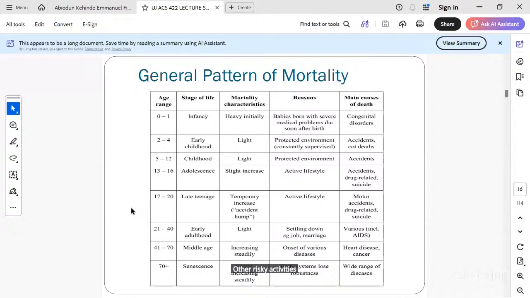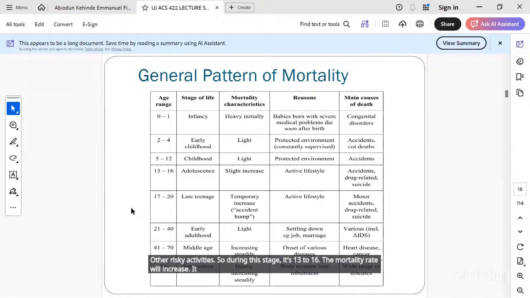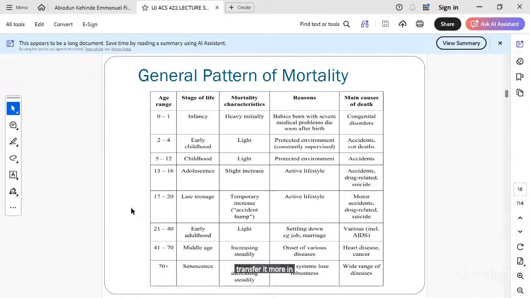So during this stage, 13 to 16, the mortality rate will increase. It will accelerate more in boys than in girls, but generally, for the two sexes, it will accelerate.